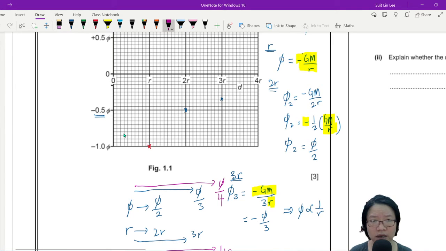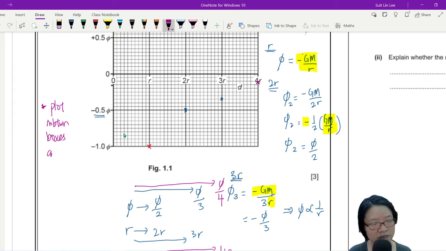Because this is paper 4, I can plot in between boxes. I'm going to emphasize here again: plotting in between boxes is allowed for theory papers, which is paper 2 and paper 4.